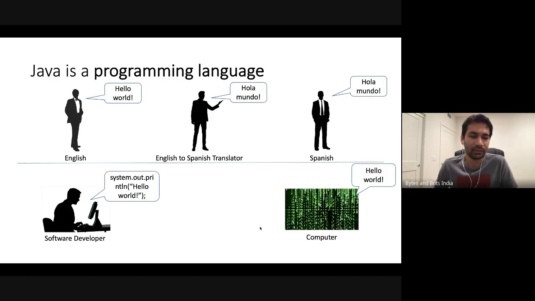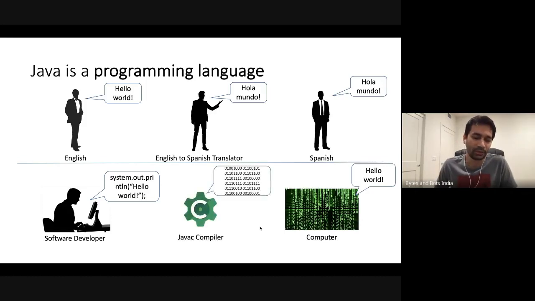So a programmer writes everything in English-type language. A compiler comes into the picture. It converts the program into a sequence of zeros and ones, which can be understood by the computer, and the computer runs it. That's what Java is: convert ideas, logic, everything into something that a computer can work with.